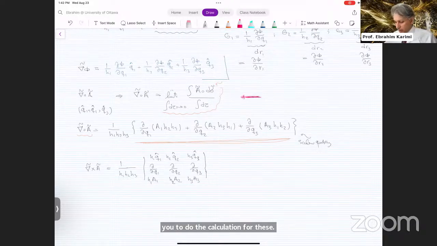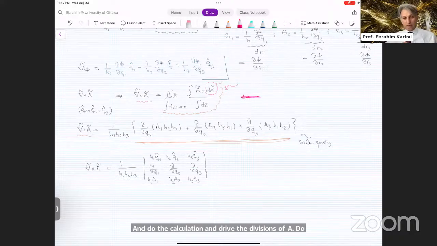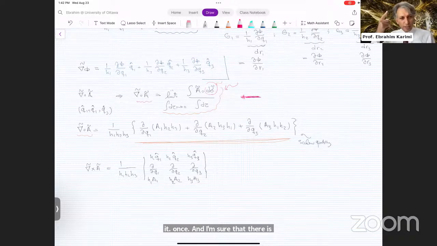Start from the right side, which is this one, and using the d sigma that I previously introduced, do the calculation and derive the divergence of A. Do it once, and I'm sure you have to be very careful. Note that H1, H2, and H3 are not constant.